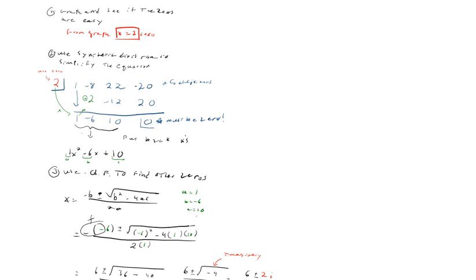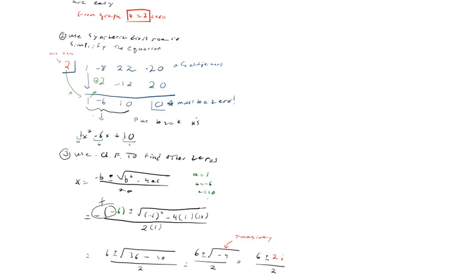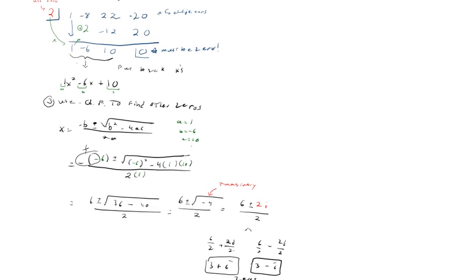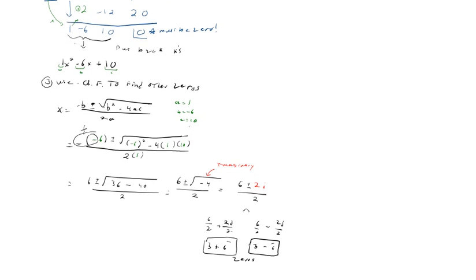This is 2i, everybody. That's 2i. And that's negative 2i. So 3 plus i and 3 minus i, those are my other two zeros. So go back up here. One of the zeros was 2.